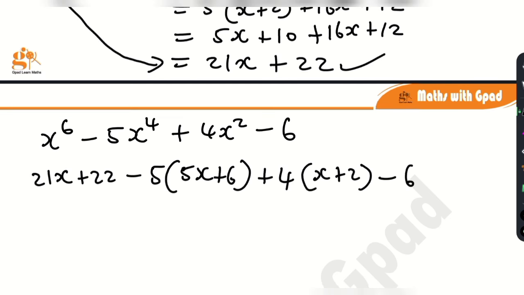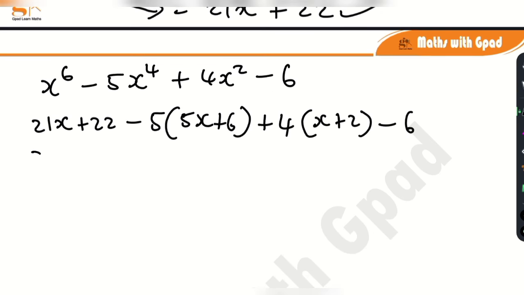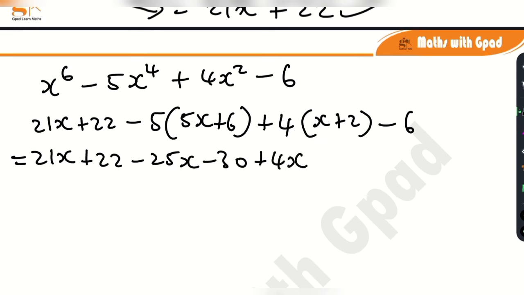It's now time to simplify this. So you have 21x plus 22 minus 5 times 5x, which is minus 25x. Minus 5 times 6 is minus 30. Come here now. 4 times x is plus 4x. 4 times 2 is plus 8.